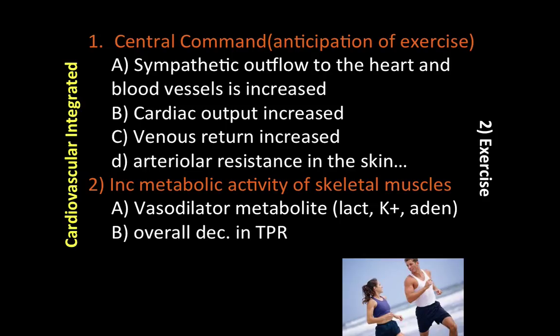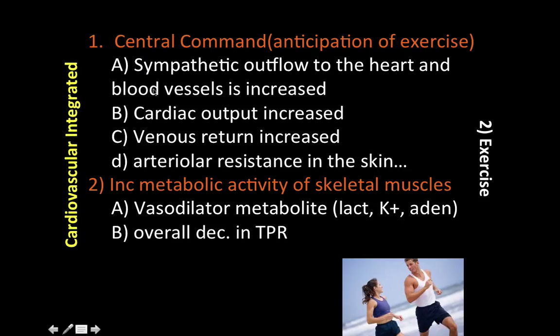Now, this vasodilation accounts for the overall decrease in total peripheral resistance. Vasodilation leads to an overall reduction in the total peripheral resistance, and this occurs with exercise. A note to be made is that activation of the sympathetic nervous system alone by the central command would cause an increase in total peripheral resistance.